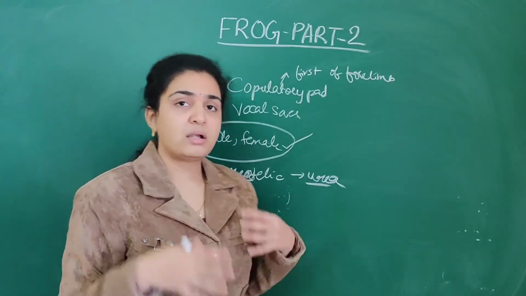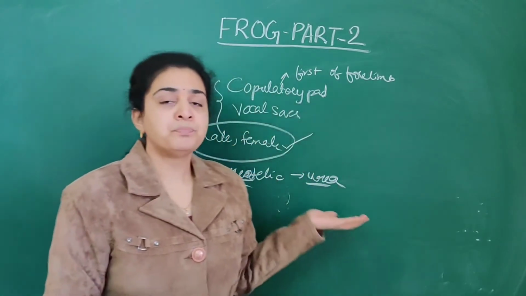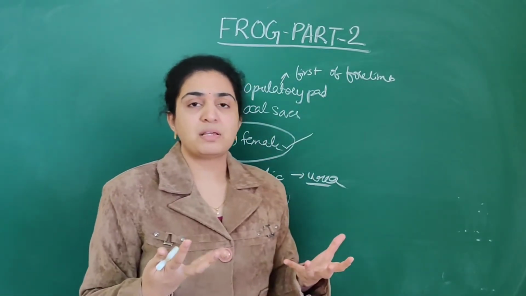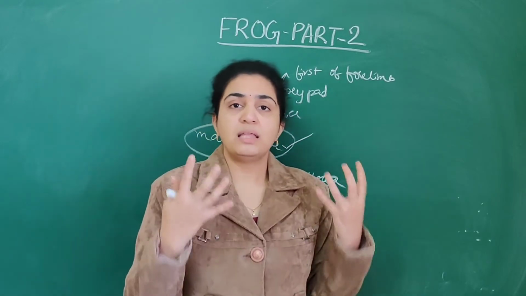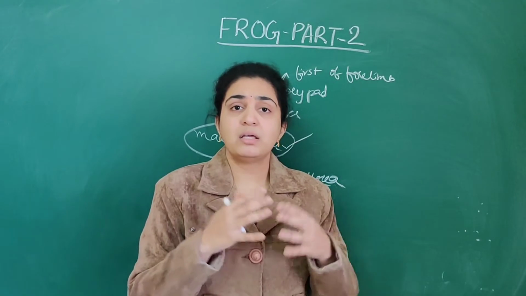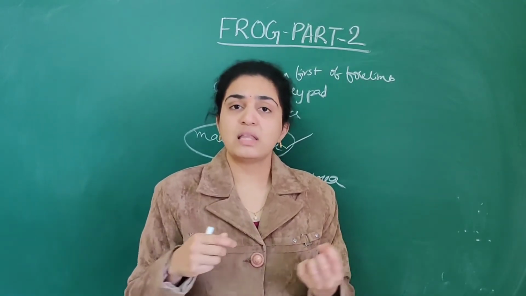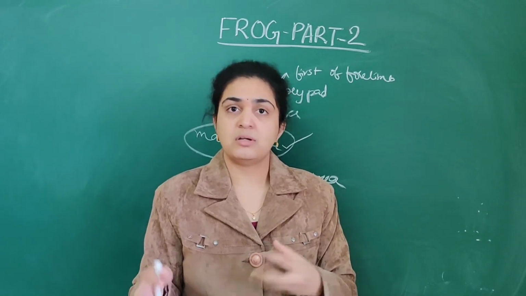But ureotelic animals need only some amount of water, like our human beings. Kidneys are present, ureter, then urinary bladder, same as in human beings. But there is a special organ called cloaca, through which all the excretory products are excreted.